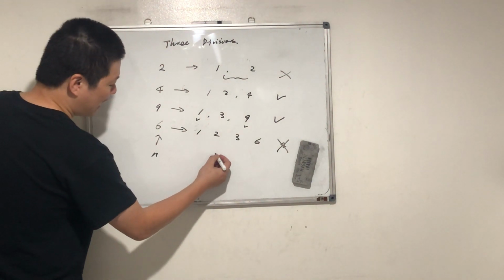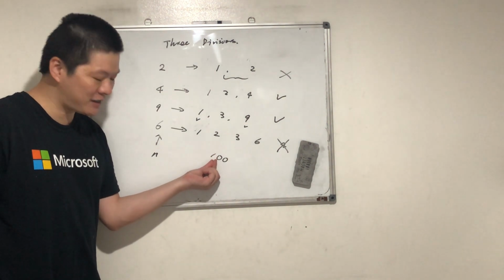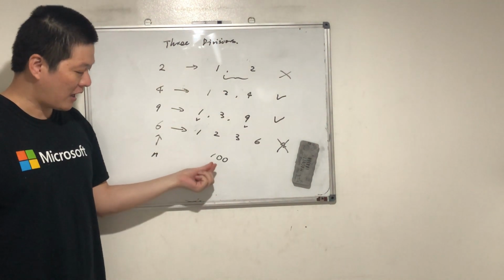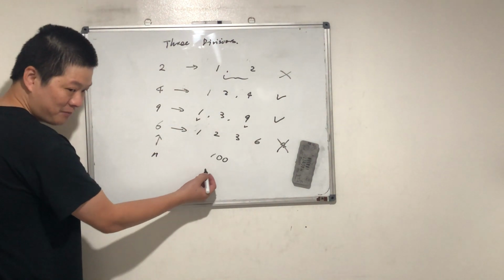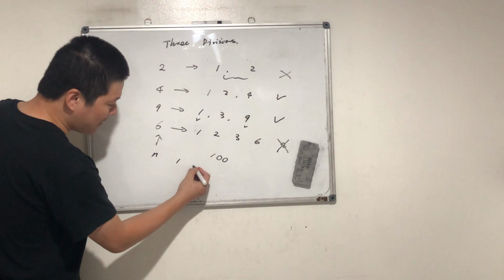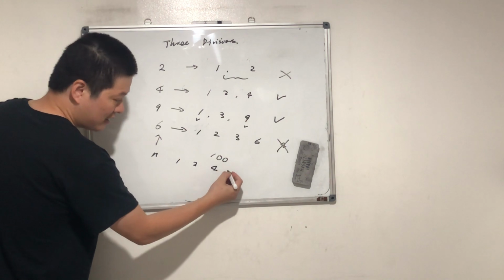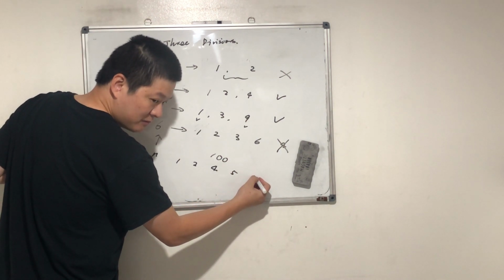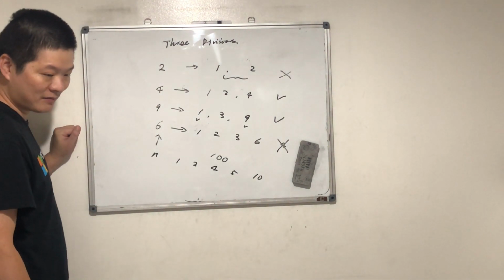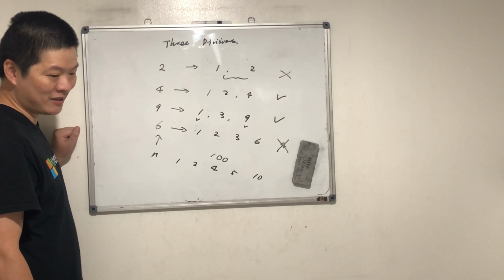Let's put it this way: 100. We want to find the divisors of 100. What are those? 1, 2, 4, 5, 10, 20, 25, 50.